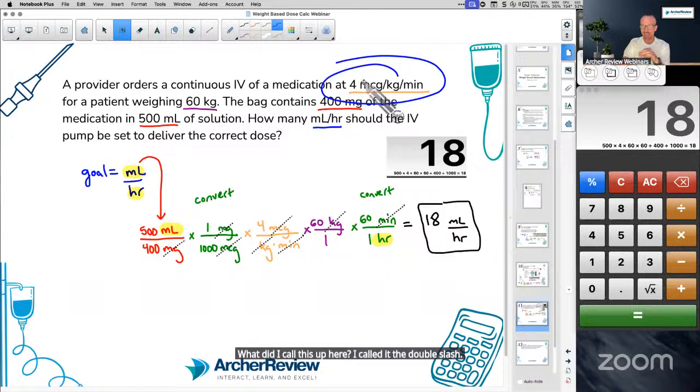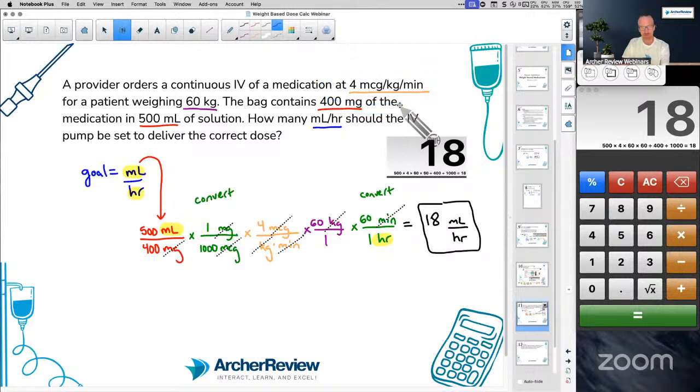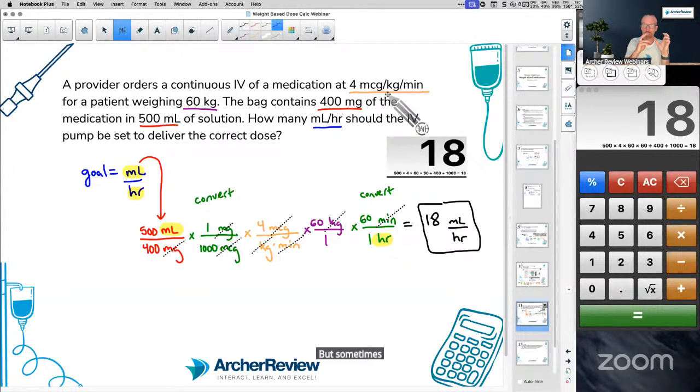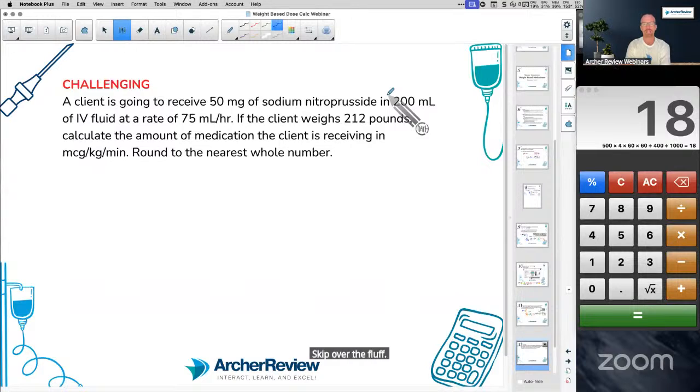And a lot of times in weight-based calculations, you are given this double slash in your problem. But sometimes you have to build the double slash. What does that mean? Skip over the fluff, read the question. What is our goal?